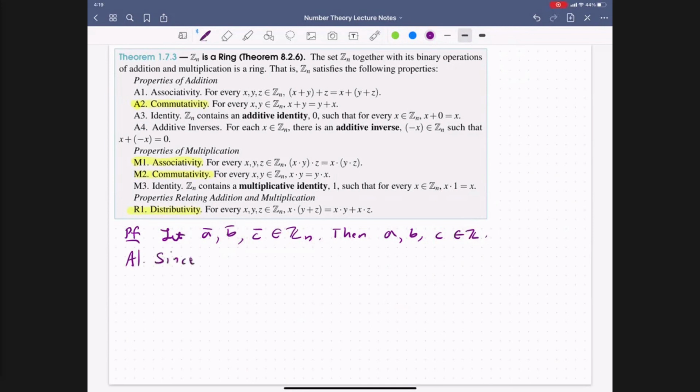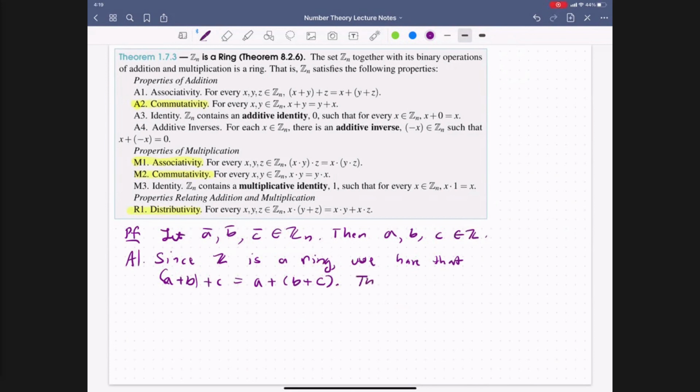Since Z is a ring, we have that (A plus B) plus C is the same as A plus (B plus C). Now, when we come down to congruences, we know that these properties are still satisfied.